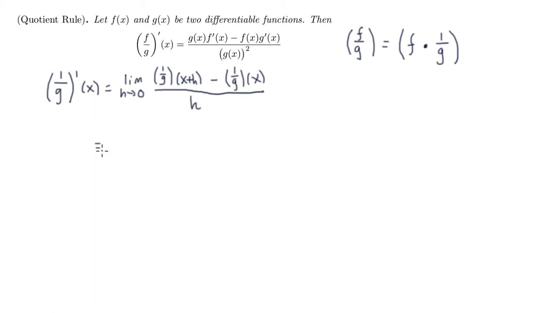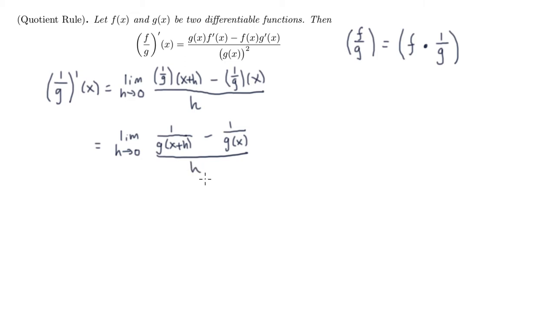Okay, so let's just fill in what this actually means. Here, 1 over g evaluated at x plus h, that's kind of symbolic just to mean, okay, this is 1 over g of x plus h, and then minus 1 over g of x, all over h.